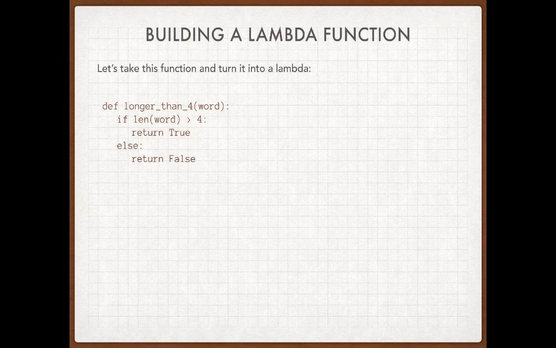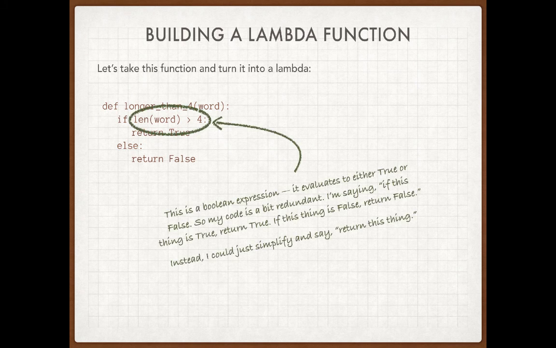So let's take a look at that function, and let's actually boil it down a little bit and turn it into a simpler lambda function. Now what's interesting is that len of word is greater than 4 is just a Boolean expression. It sits there in the if statement, and what that means is that Python will evaluate that thing as either being true or false. There aren't any middle grounds in Boolean stuff in Python, right?